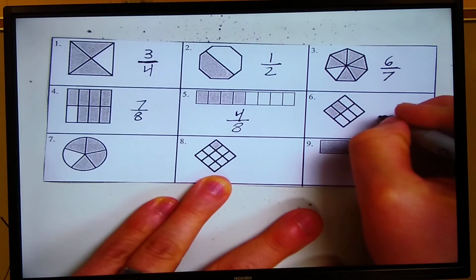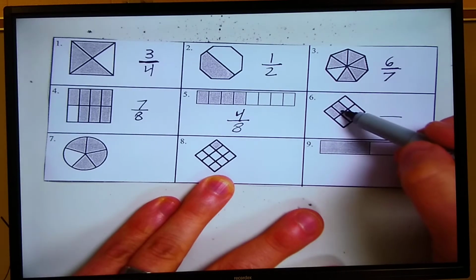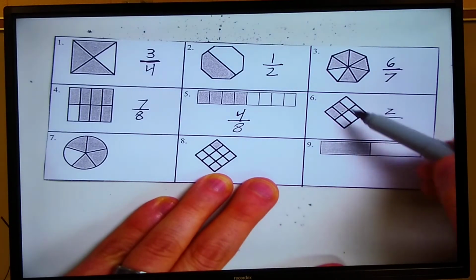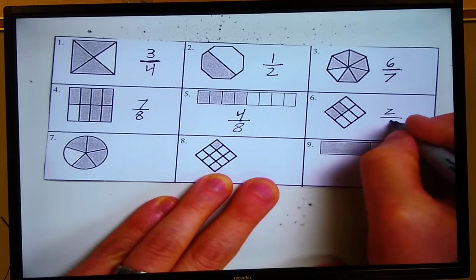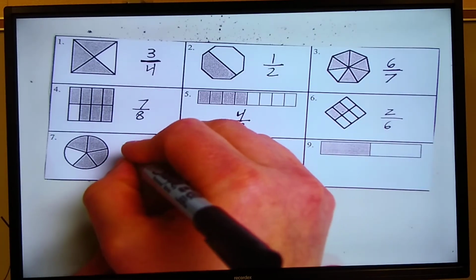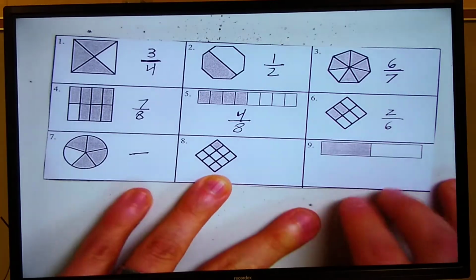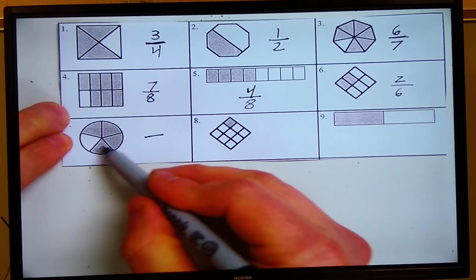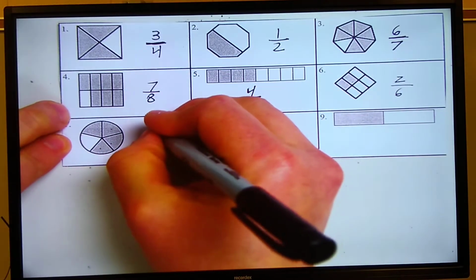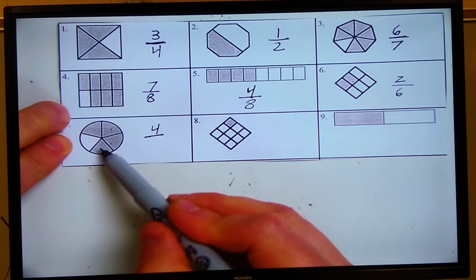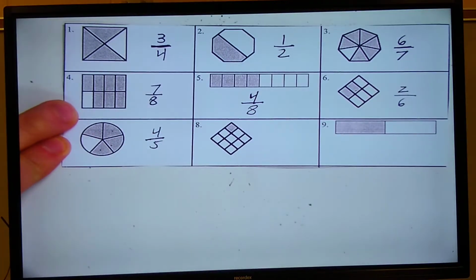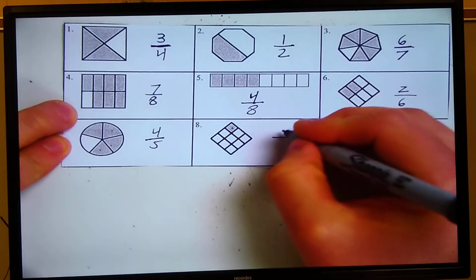Number 6. My numerator, 1, 2. My denominator, 1, 2, 3, 4, 5, 6. 2/6. Number 7. My numerator, 1, 2, 3, 4. My denominator, 1, 2, 3, 4, 5. Number 8. My numerator, 1.